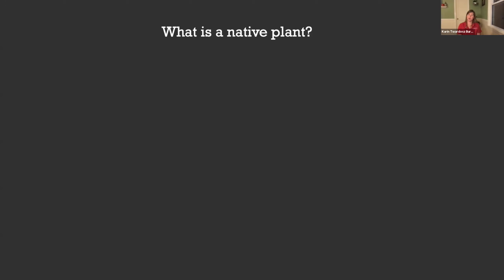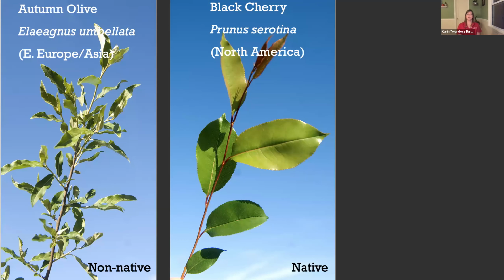It's complex and nuanced, but for the purpose here, I'm going to define a native plant as one that co-evolved with the community of plants and animals that were historically found in the mid-Atlantic states. And that's going to be the definition that I'm using for a number of these studies. So if we think about black cherry, Prunus serotina, this certainly has co-evolved with the insects and plants of the mid-Atlantic, North America.